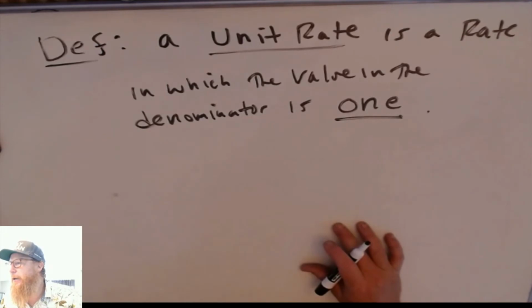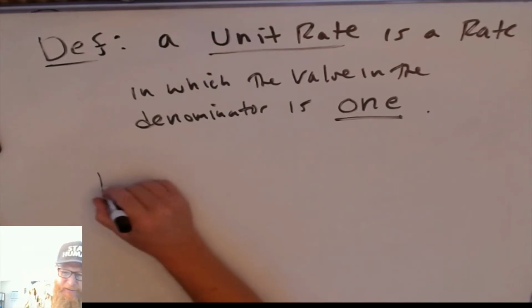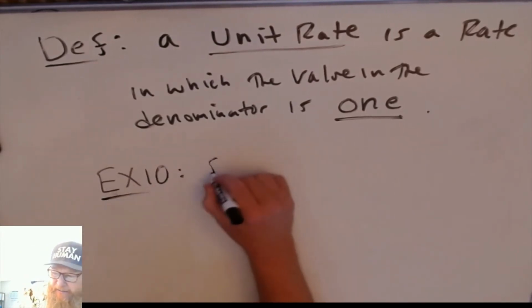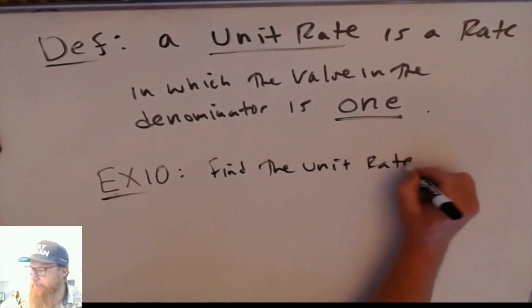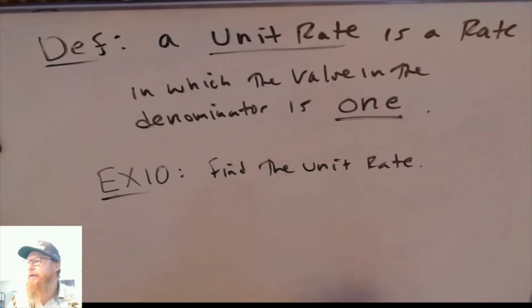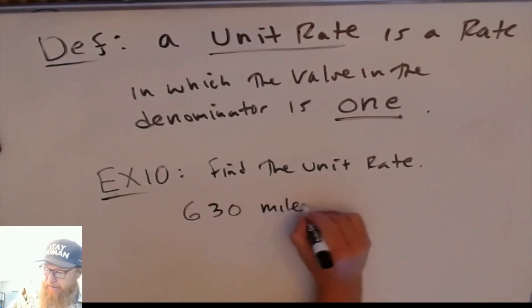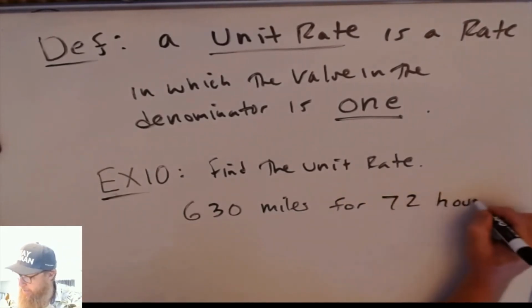Okay, so most of the time when we're talking about a rate, we like to know how much a unit is. So example 10: find the unit rate. 630 miles for 72 hours.